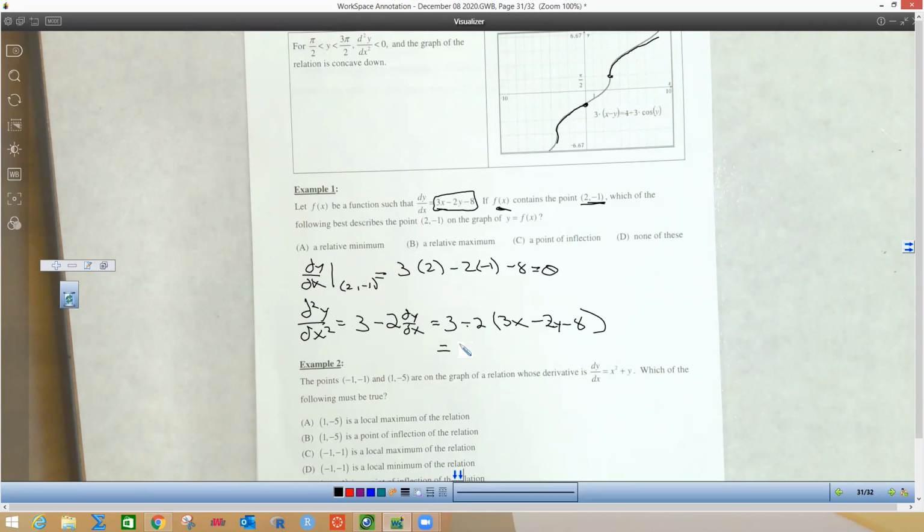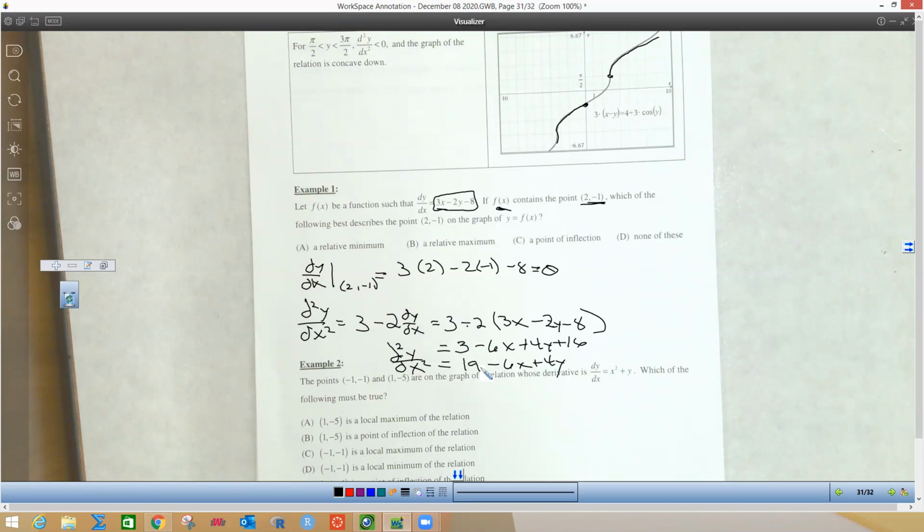So I got 3, and I'm going to simplify this mess. So I got 3 minus 6x plus 4y plus 16. And then I'd add these two like terms together and get 19 minus 6x plus 4y. Now that right there is the simplified second derivative of y.